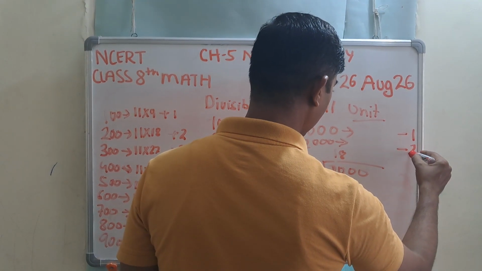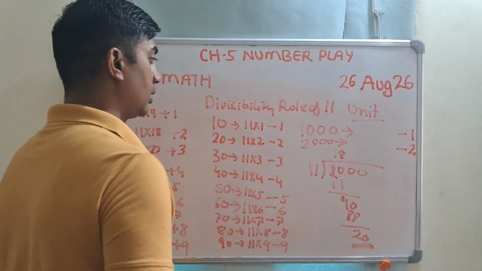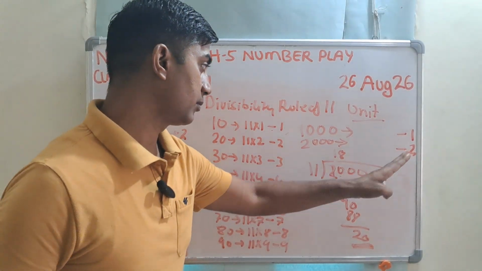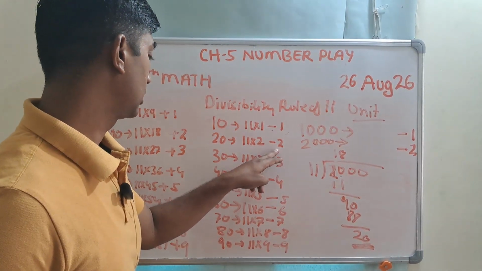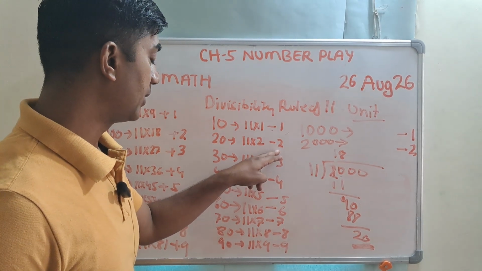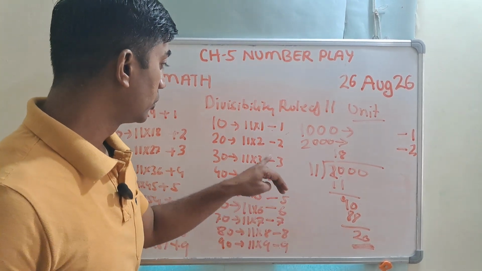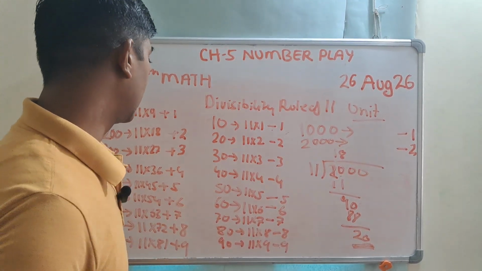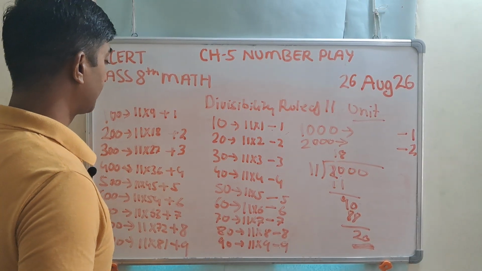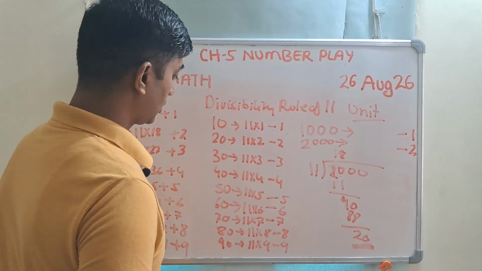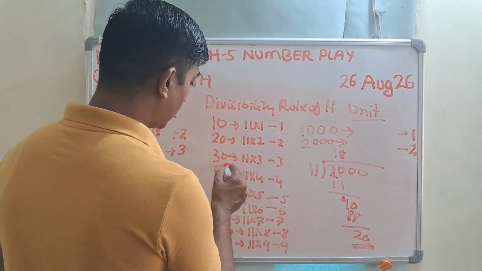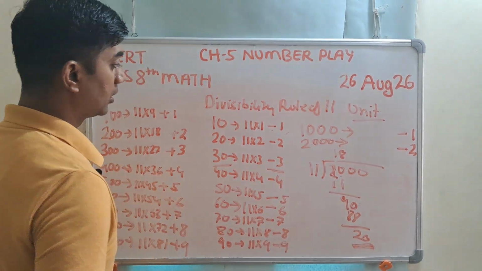Remainder is -2. Understood? Means you have to subtract 2, because in case of 20 you have to -2. I mean you have to add 2 to get the multiple. Understood? And in case of 3 it is also the same.